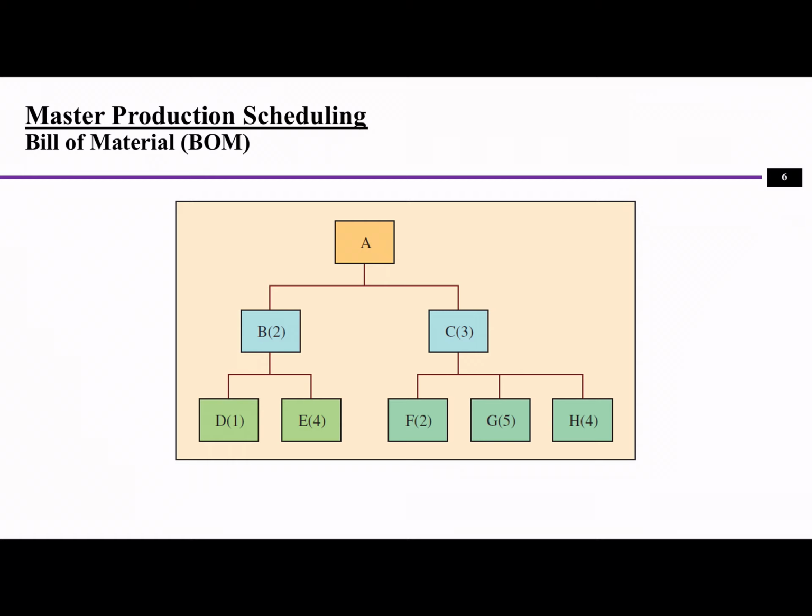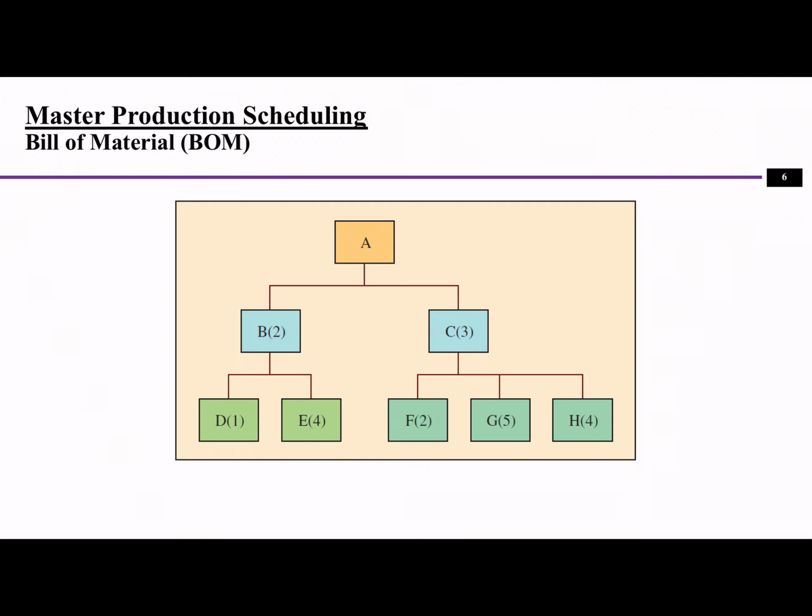For example, product A is composed of 2 B's and 3 C's. B and C are major modules or big parts. Each B can be decomposed into 1 D and 4 E's.